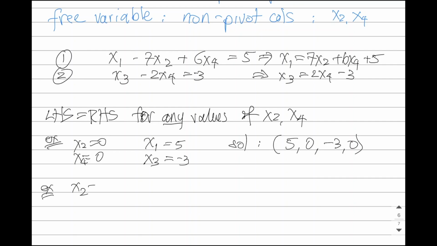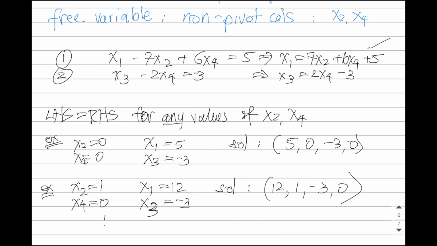Now, if x2 is equal to 1 and x4 is equal to 0, x1 is going to be 12. I can just take this top equation and plug in x2 as 1. And the bottom equation is still going to give me negative 3. So the solution to the system, the numbers are going to be different. And you can see that I can do this infinitely many times.